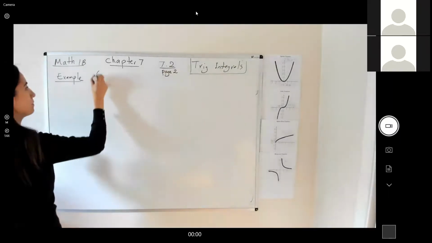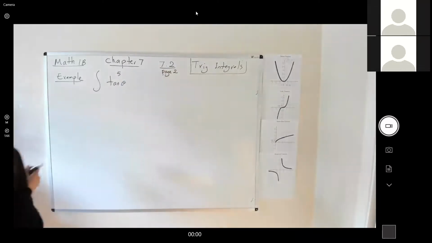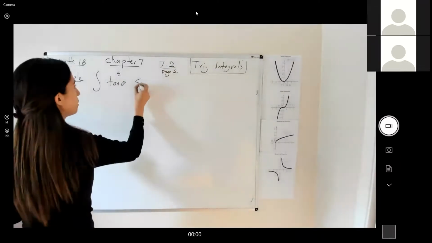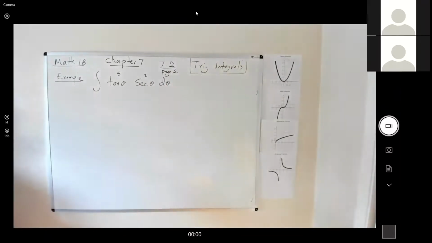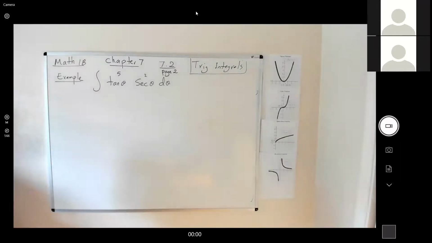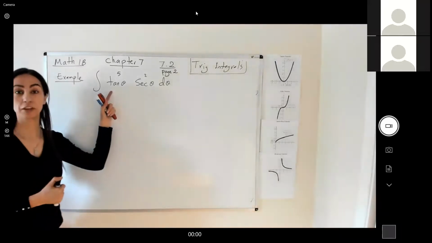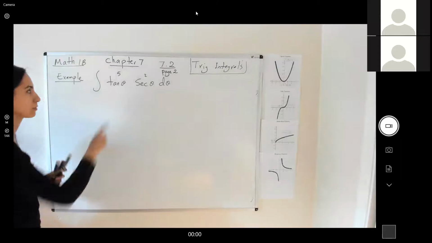The integral of tangent of theta raised to the 5th power times secant theta raised to the 2nd power. There you go. We have tangent and we have secant.